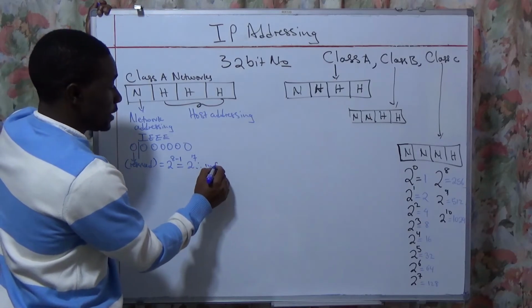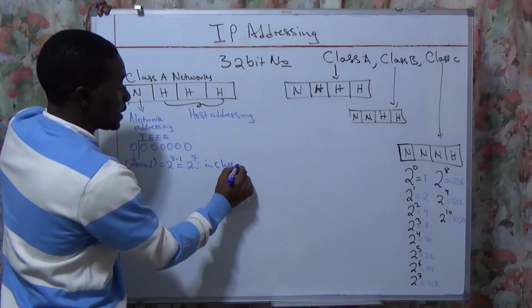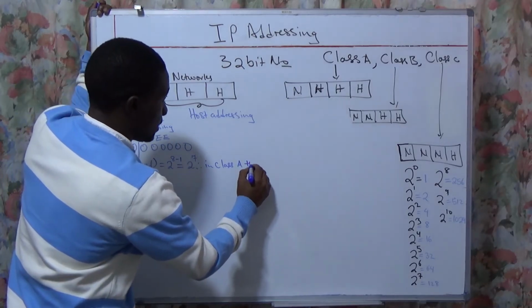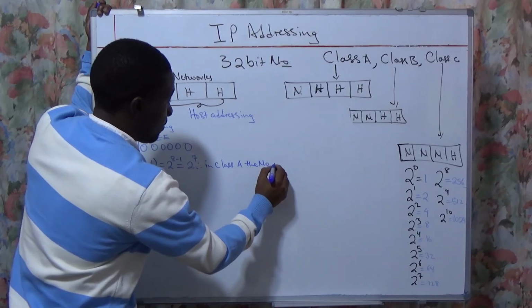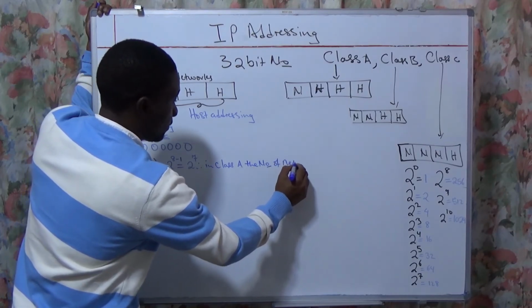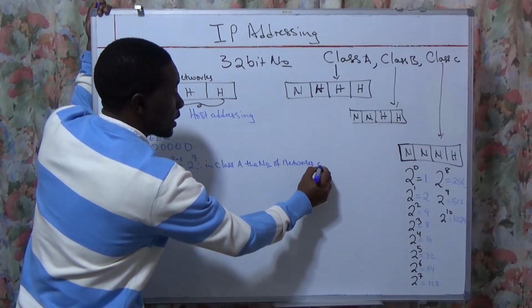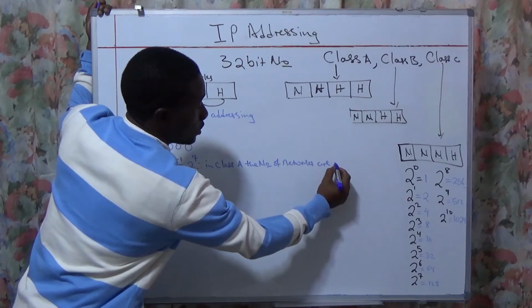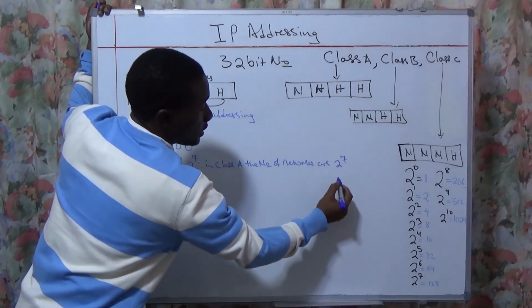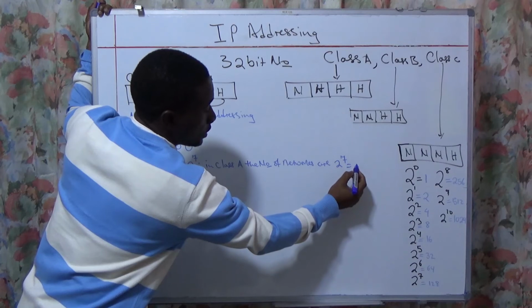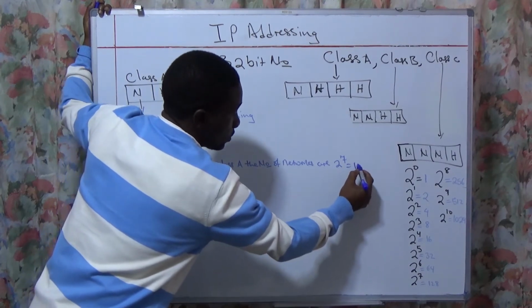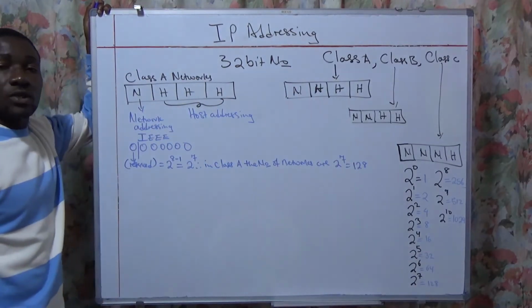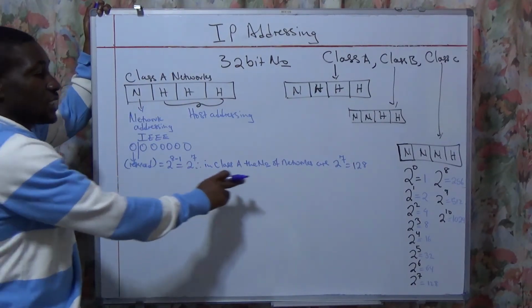Therefore, in class A, the number of networks is 2 to the power 7, which is 128. These are the number of networks we have in class A.